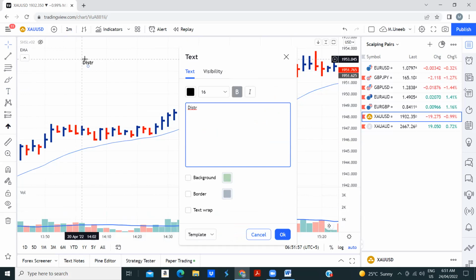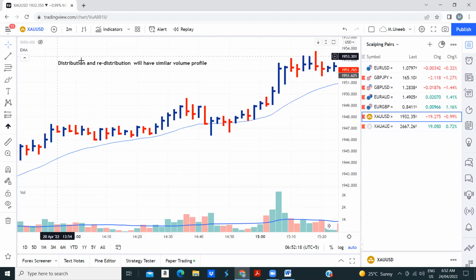They will have the same volume distribution, the same volume shape, a similar volume profile. Got it? Distribution and redistribution will have similar volume. Do you understand? All good.